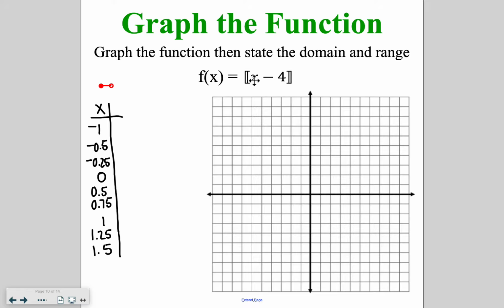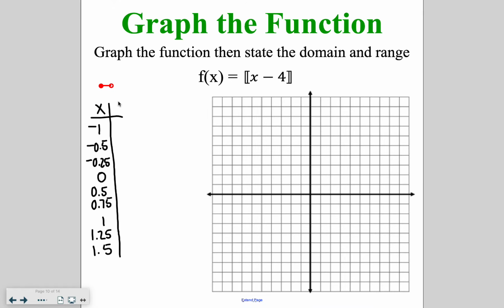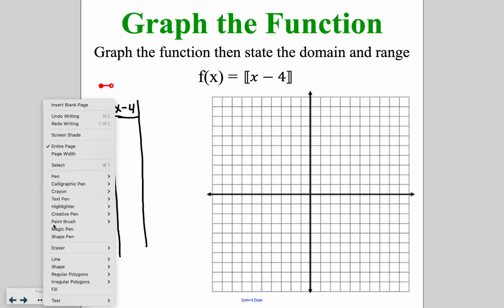Because our value of x minus 4 is on the inside, my next part is just going to be to solve the x minus 4, to figure out what the inside values are actually going to be.